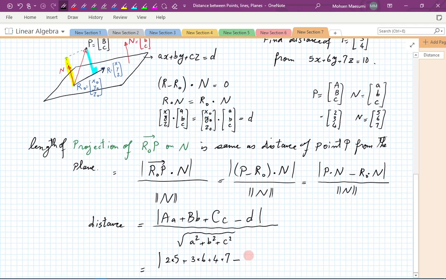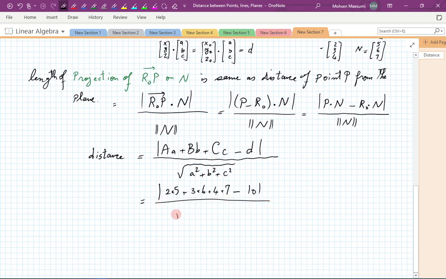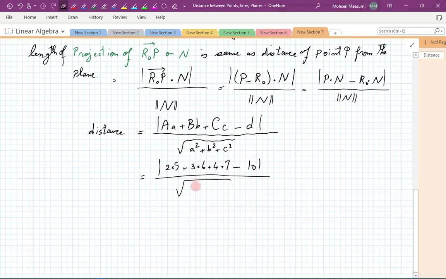So minus 10, divided by the length of the normal vector, little a, b, c. So who is that? That's from the plane, 5, 6, 7. So I have to square them: 5 squared, 6 squared, plus 7 squared. That's what the distance is.